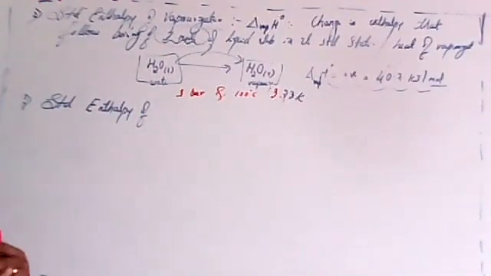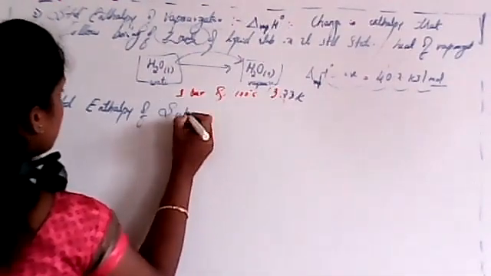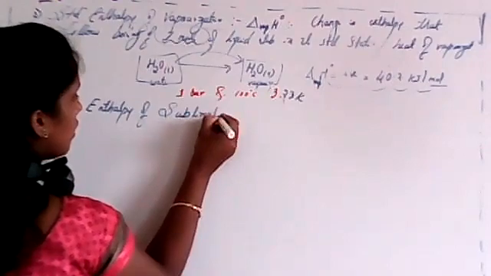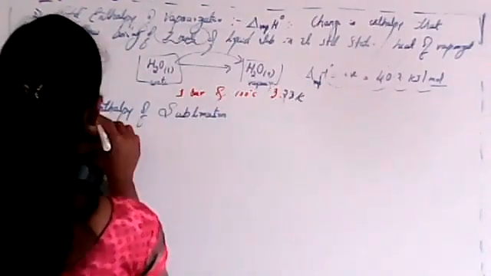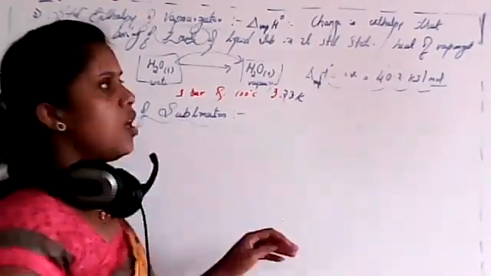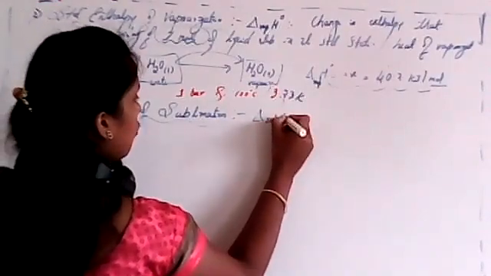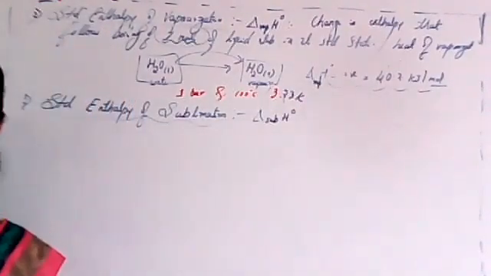First one is fusion, second one is vaporization, third one is sublimation. So standard enthalpy of sublimation. What is the statement for this, student? See, ΔsubH naught, because it is standard, isn't it?